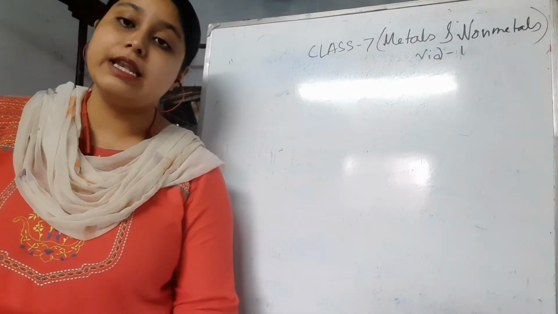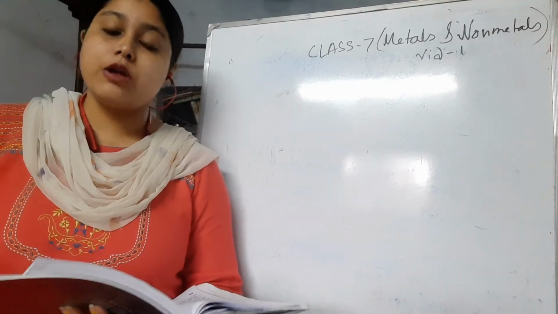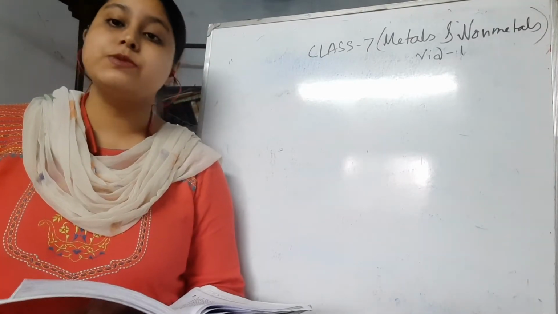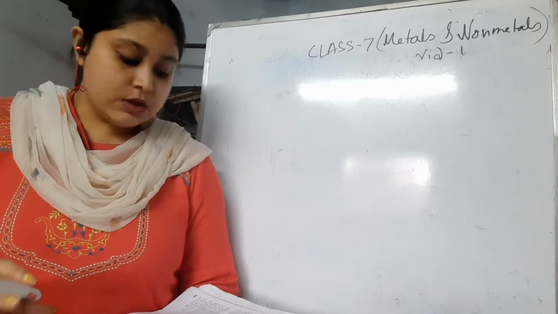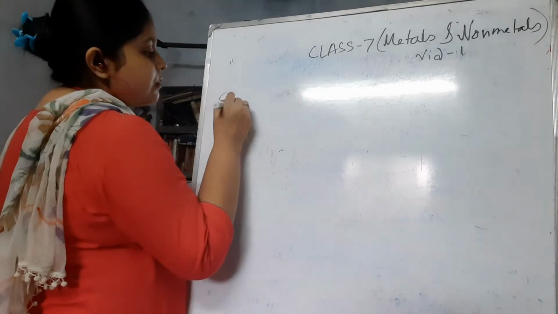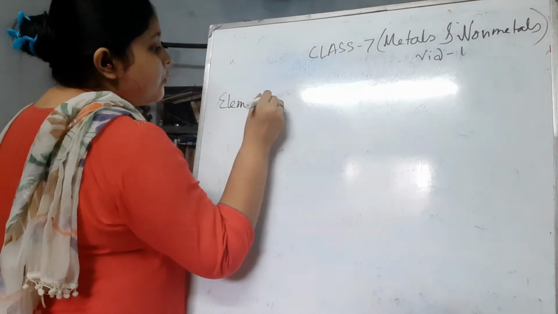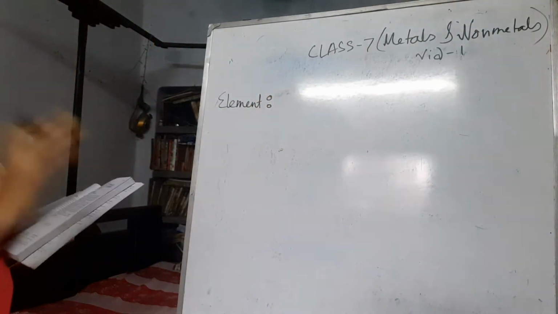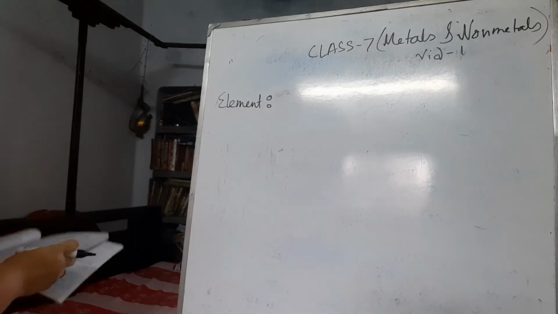So first, when we are going to learn about metals and non-metals, we have to first know about the elements, because metals and non-metals are all types of elements. So the first thing is the element. What is the definition of the element?